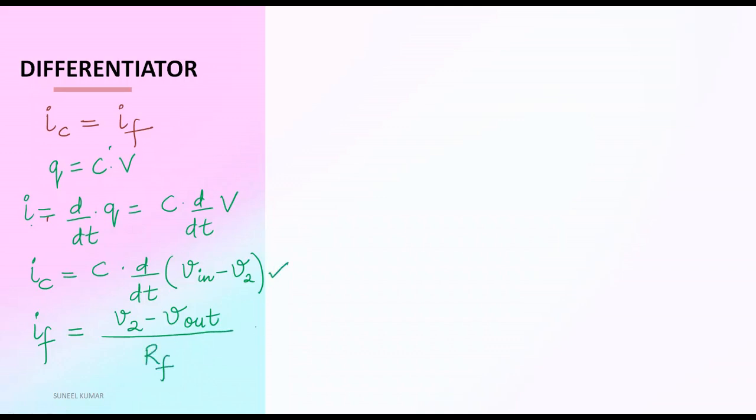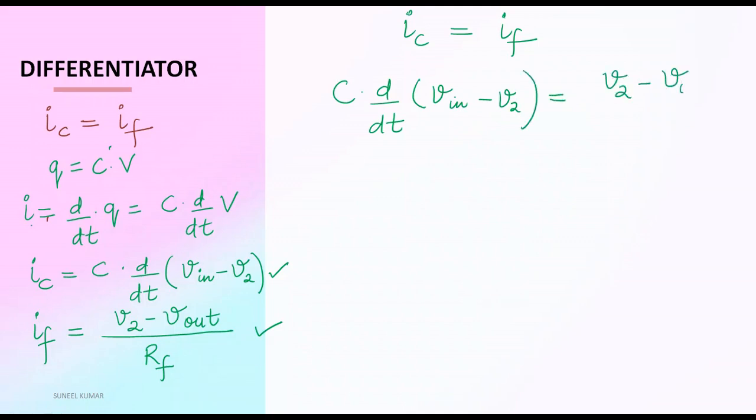We are going to utilize these two current equations. So IC is equal to IF, which becomes C into d by dt of (V input minus V2) is equal to (V2 minus V output) divided by RF. Here V1 is equal to 0 because the non-inverting terminal is grounded.